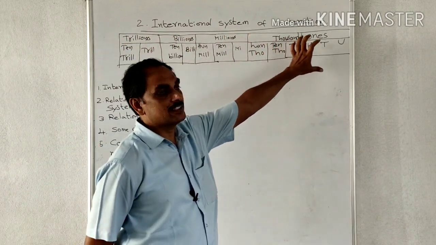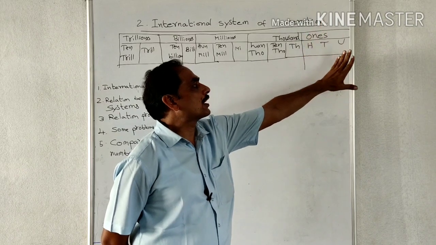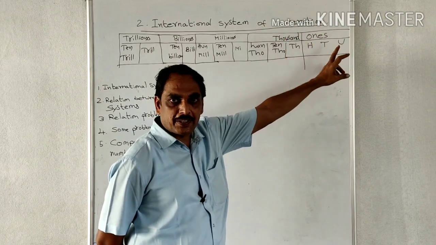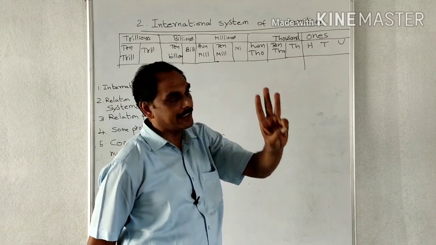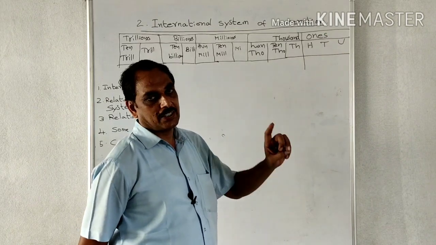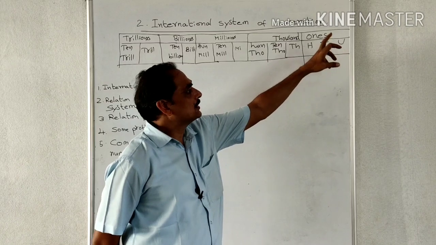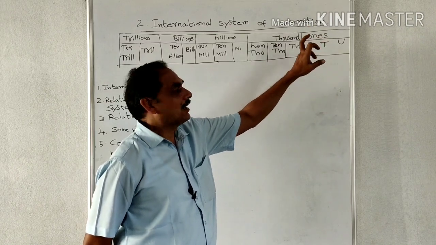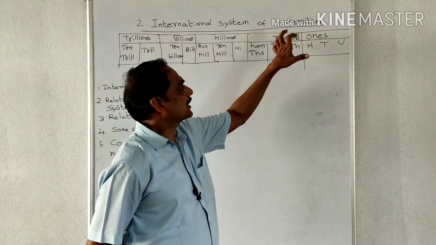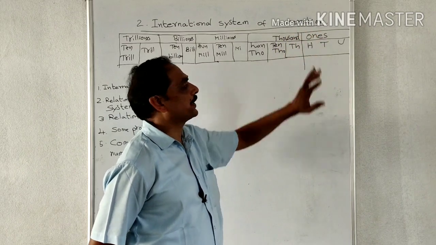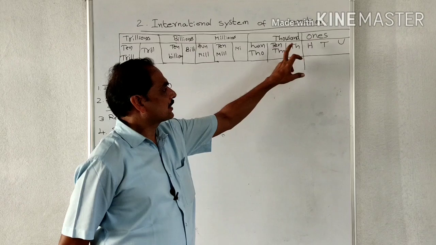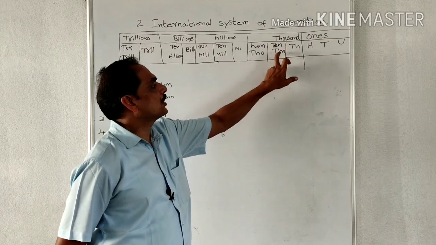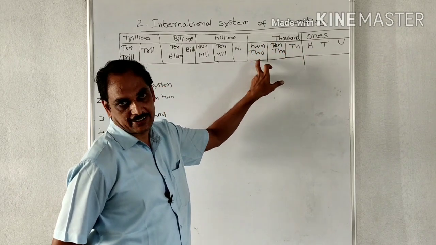The first period from right to left is the ones period, containing 3 digits: unit digit, tens digit and hundreds digit. The second period is the thousands period, with thousands place, 10,000s and 100,000s.